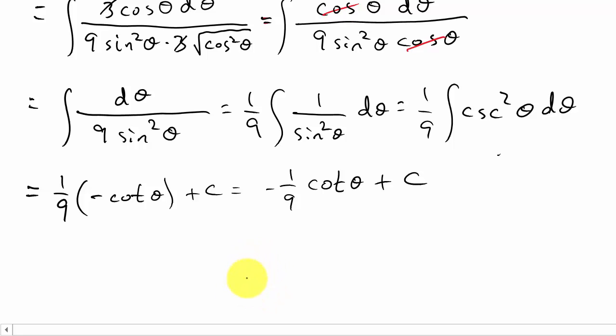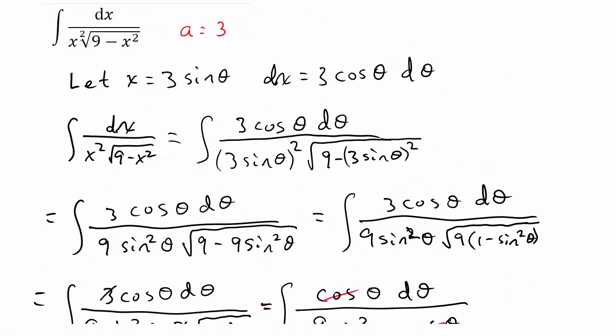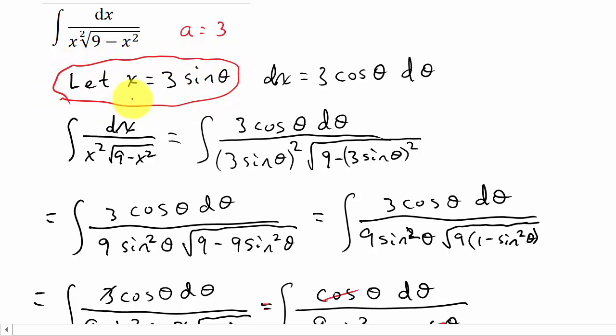Now I need to get everything back in terms of x. If you remember at the beginning, I let x equal 3 sine theta.